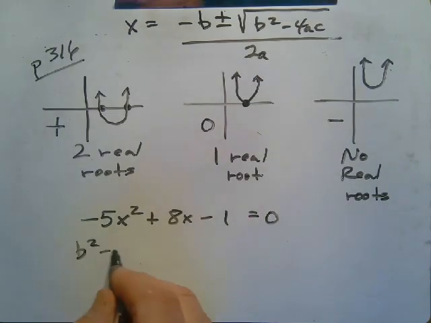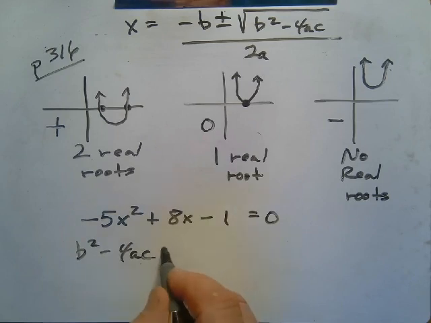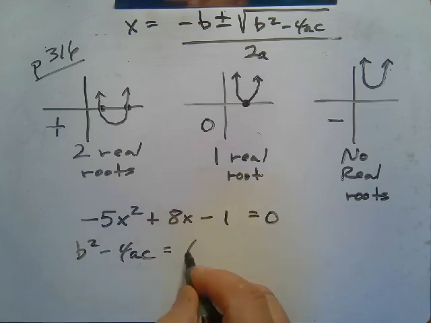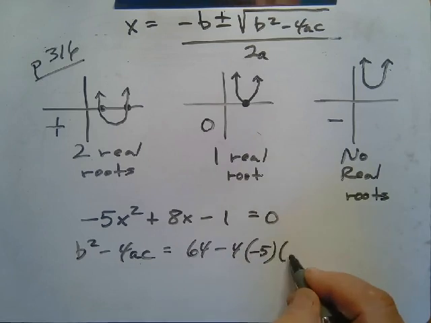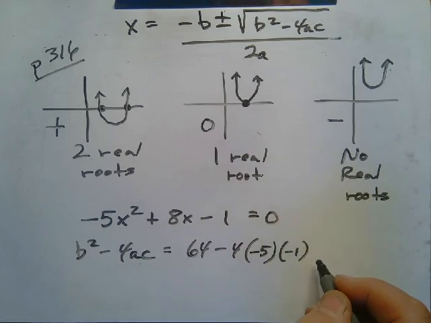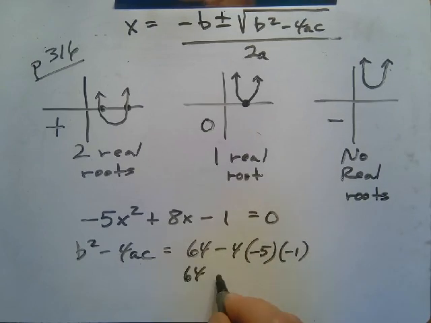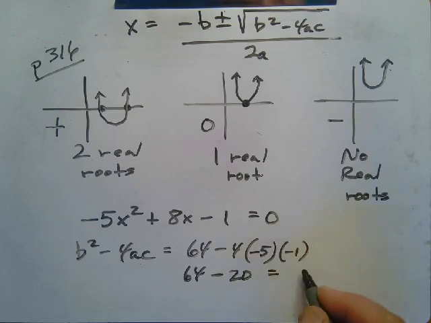B squared minus 4 times a times c. So b is 8. 8 squared is 64 minus 4 times a, which is negative 5, and c is negative 1. 64 minus a negative, minus 20 gives me a positive 44.